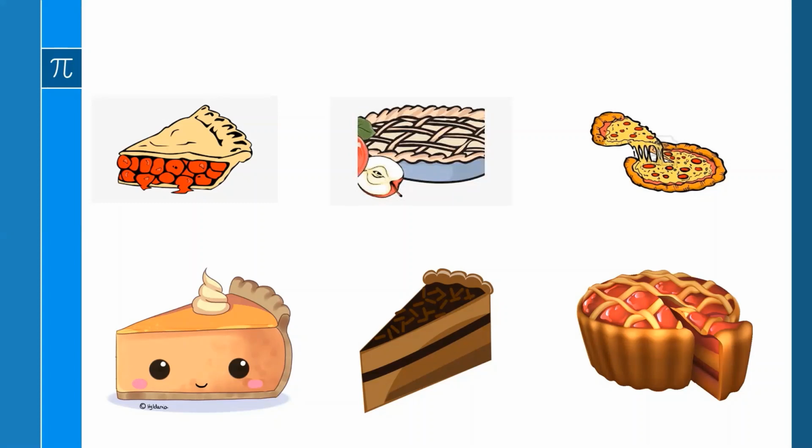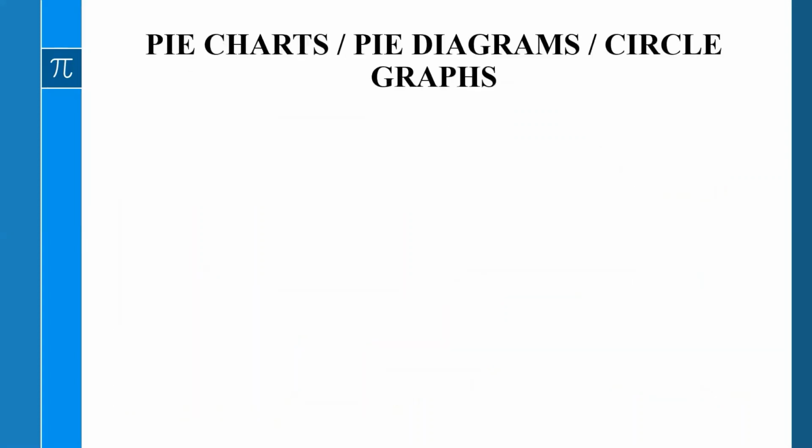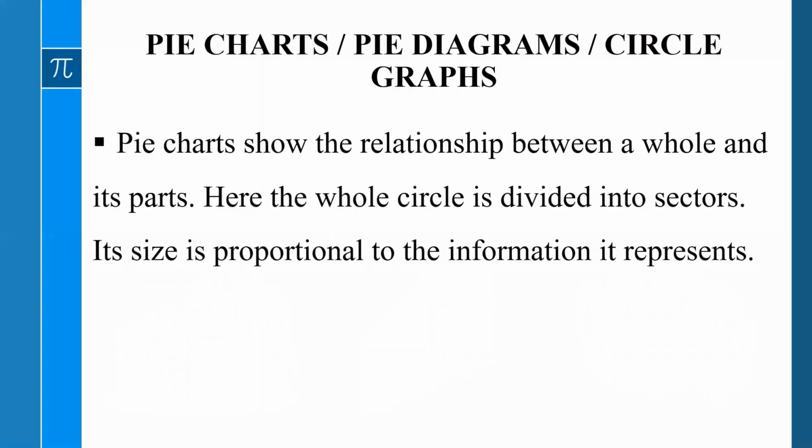Here, I am discussing pie because pie means a part of a circle. So, when we represent the data in form of a pie or as a part of a circle, we call it pie charts or pie diagrams or circle graphs.